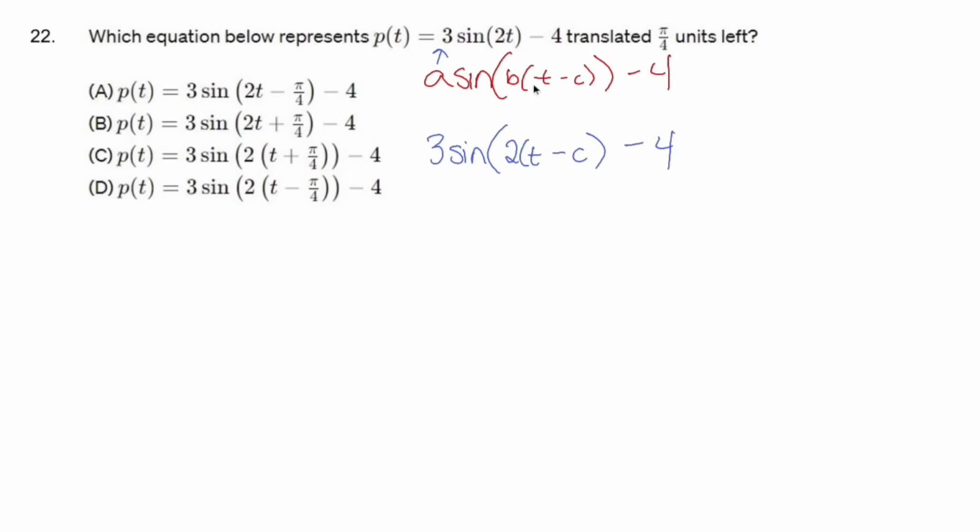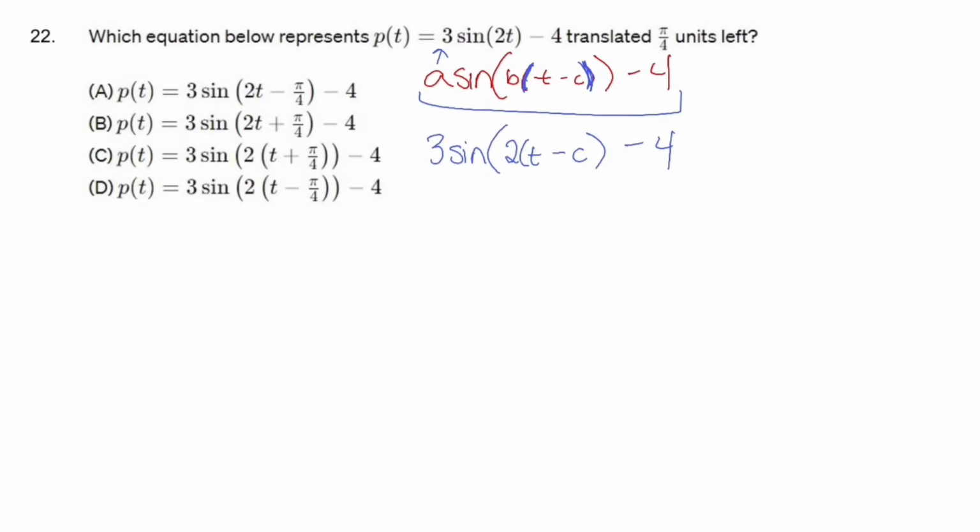But when you are going to translate horizontally, you have to include these parentheses if you have a coefficient in front of your variable. We do. We can't just say something like 2t blah blah blah, because you're not doing it right. You need those parentheses there.